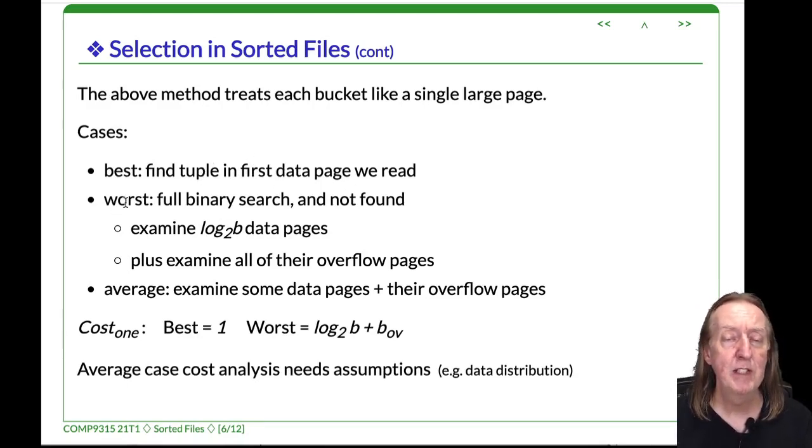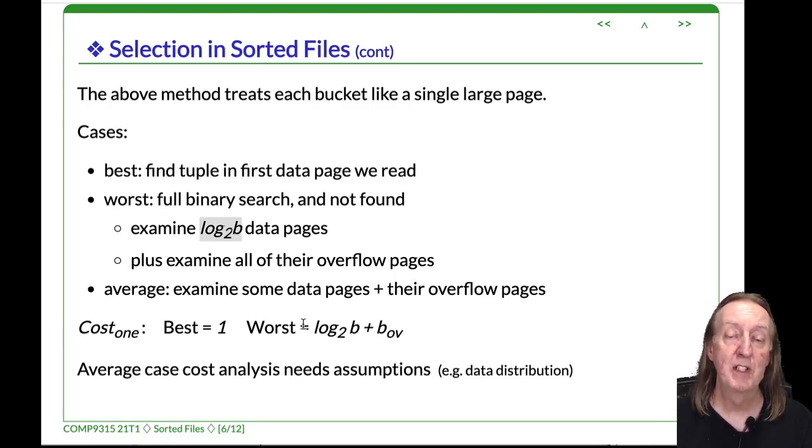In the worst case, we have to do a complete binary search, which basically means we need to examine log2b data pages, plus we need to look at all of the associated overflow pages for these particular data pages.